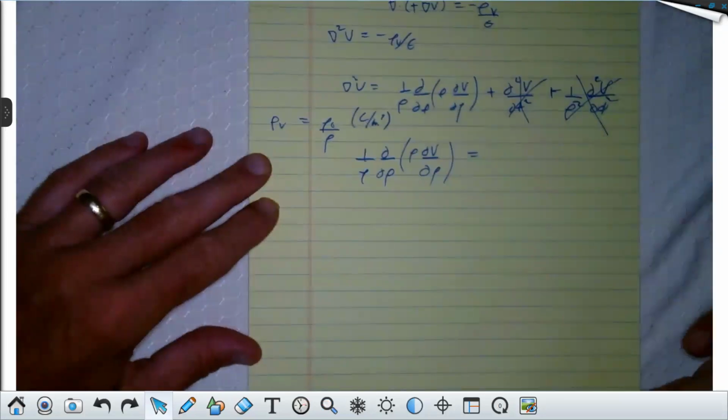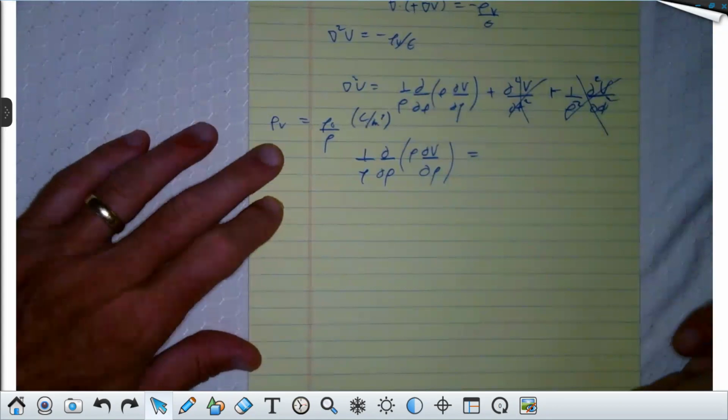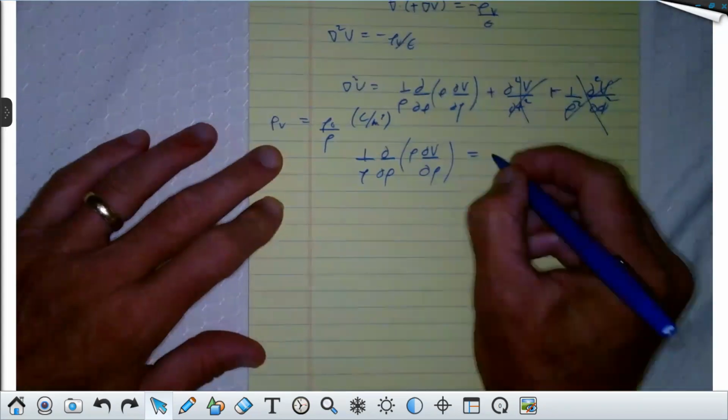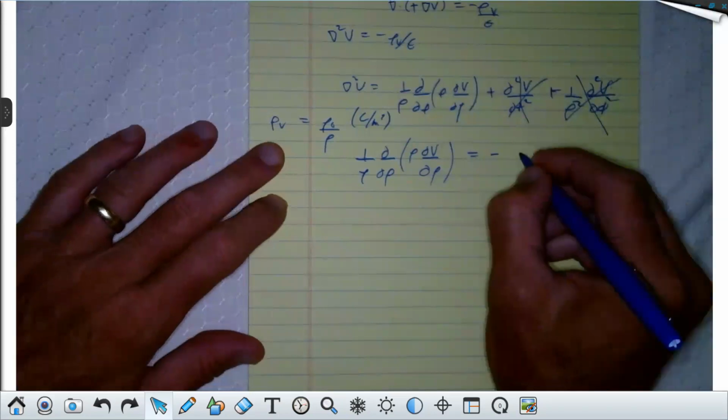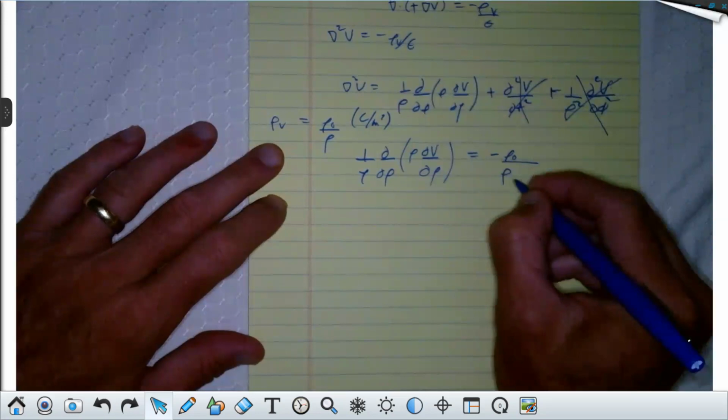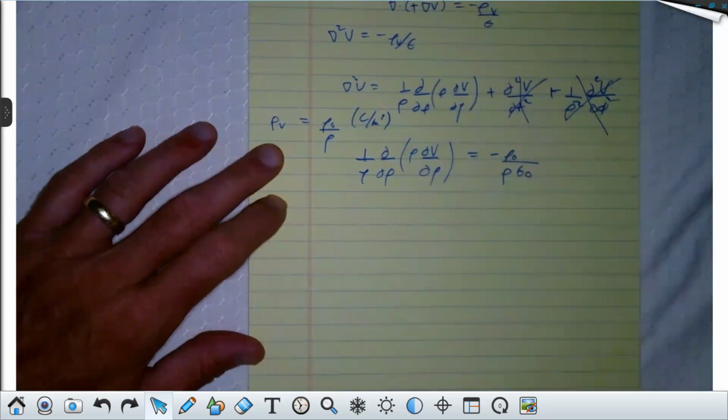Tyler, I hope you can see this, right? So now I put that over here. That's minus what rho V is, which is minus rho 0 over rho divided by epsilon. And I'm going to call that epsilon naught. I guess you don't have to, but I'm going to just leave it as epsilon naught. Everybody with me?